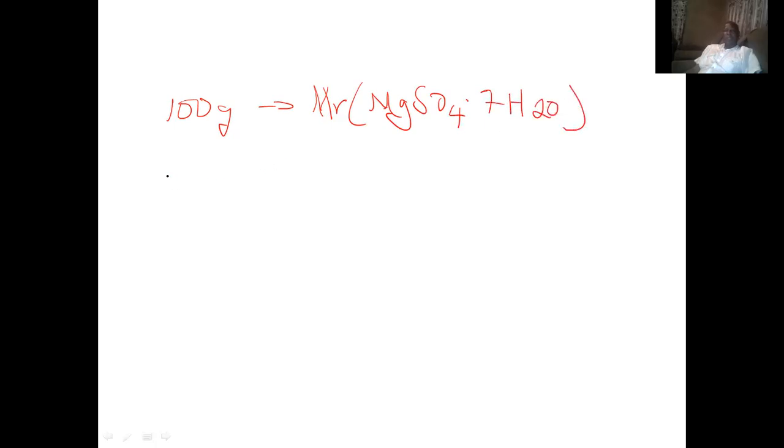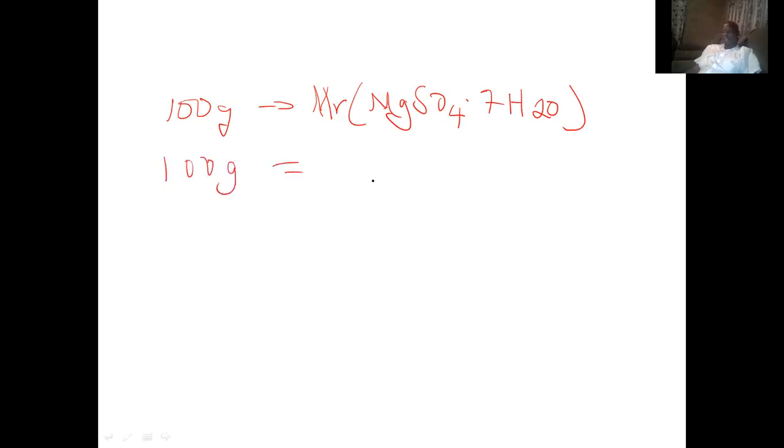And so we know that actually 100 grams of hydrated magnesium sulfate gives us the relative molecular mass.